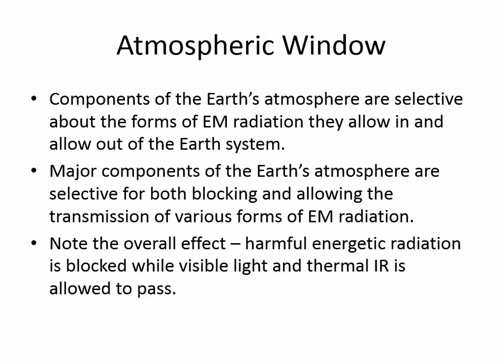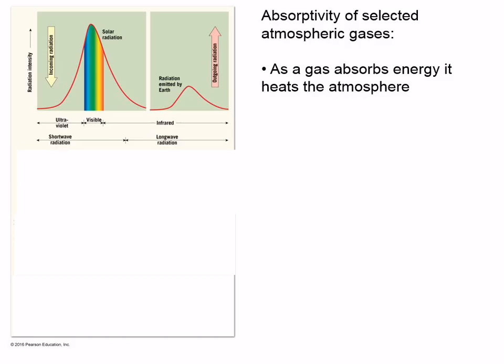But because of some components, it's closed to gamma rays, or harmful radiation. So visible light and infrared radiation can pass through the Earth's atmosphere pretty well.